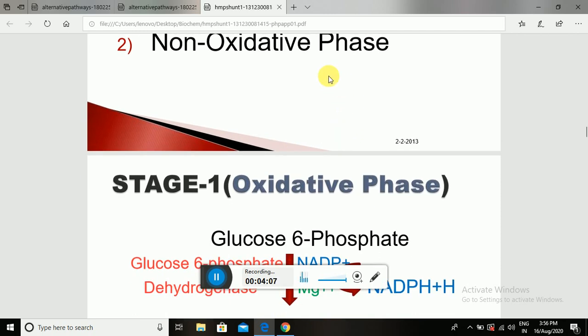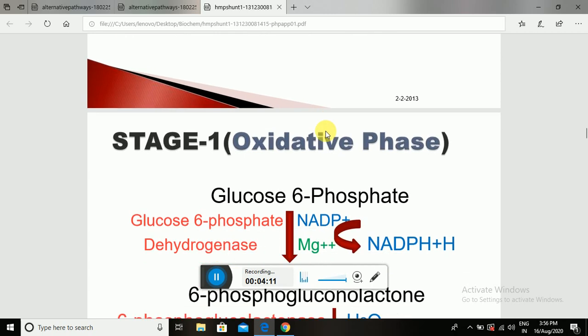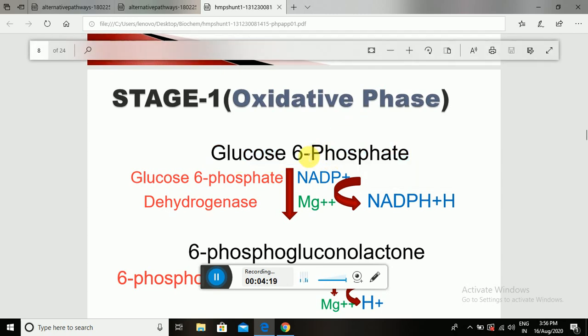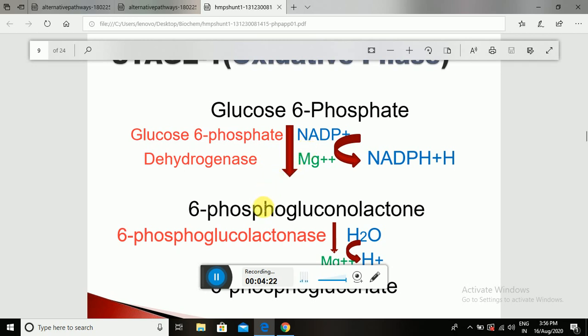In stage 1, the oxidative phase, glucose gets converted into glucose 6 phosphate when the cell carries out the pentose phosphate pathway. At that time, glucose 6 phosphate gets converted into 6 phosphogluconolactone, and the enzyme responsible for this is glucose 6 phosphate dehydrogenase.